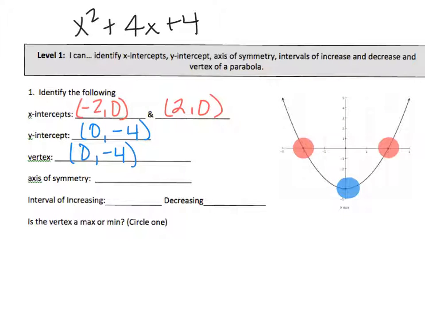So where I want to draw this is right through the center of that vertex. That way the left side looks the same thing as the right side. If I folded this piece of paper along that line, everything would match up. So that axis of symmetry always starts with x equals, and it's always the x coordinate of the vertex. So in this case, it's going to be x equals 0.